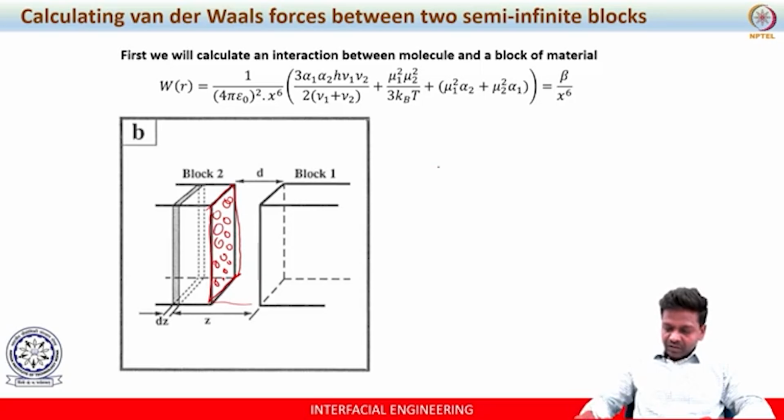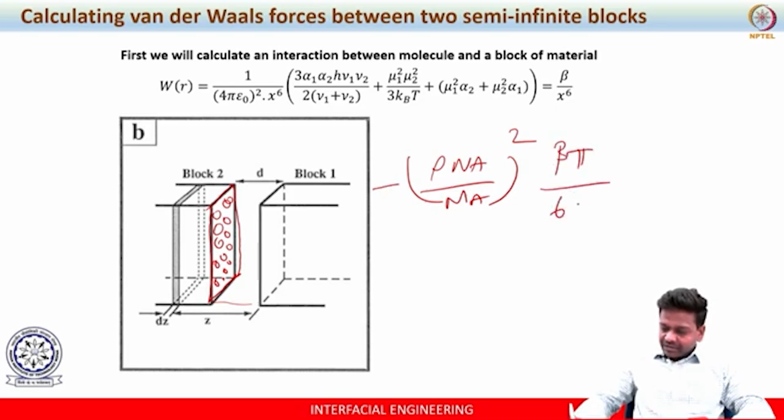So you have to multiply that with rho Na by Ma, so you will have simply rho Na by Ma squared. Then this is minus beta pi divided by 6 z cube. Now we perform integration from this point up to whatever extent is required.